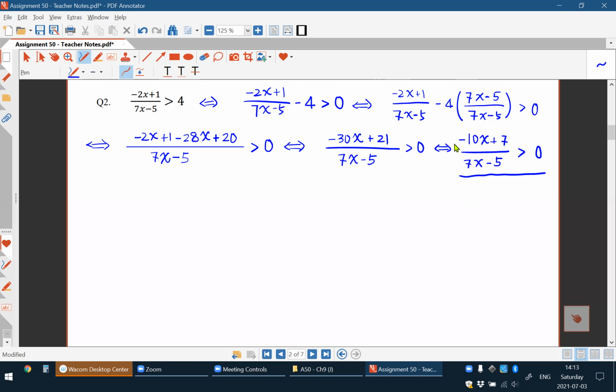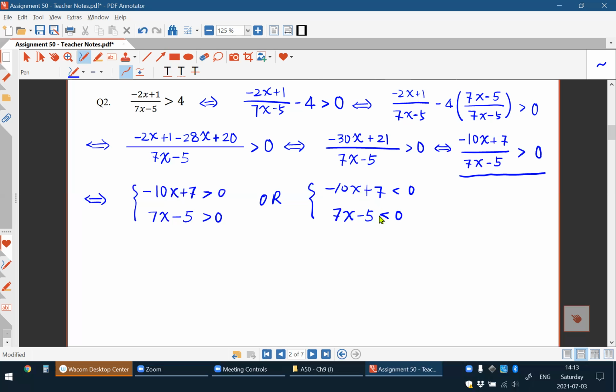That means both the numerator and denominator should be positive, or both of them should be negative, right? So this is equivalent to either the numerator is positive and at the same time the denominator is also positive, right? Or the numerator is negative and at the same time the denominator is also negative.